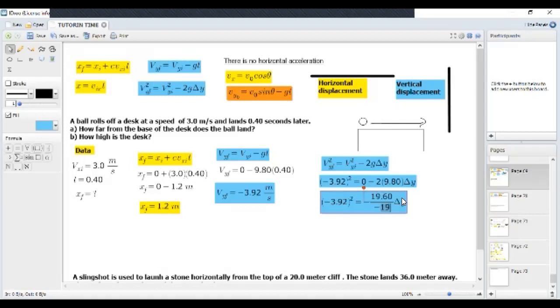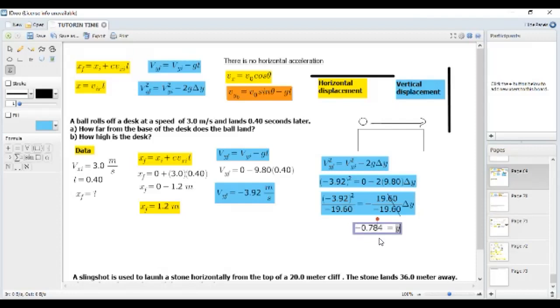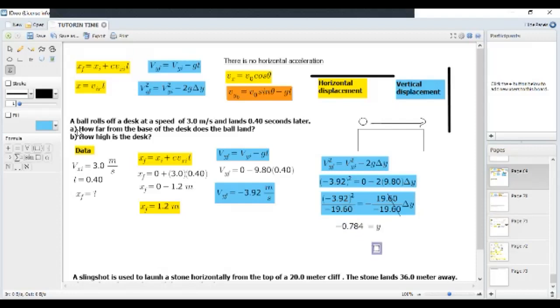So you are going to divide both sides by negative 19.60. And finally, you are going to cancel this one. And once you solve this operation, you are going to get a value of negative 0.784 meters, which means the displacement in y.